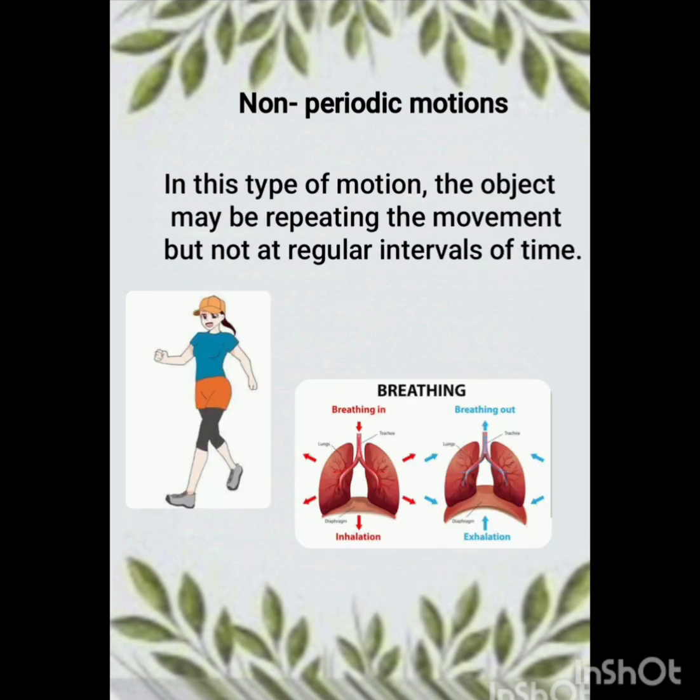Motion that is not periodic is known as non-periodic motion. In this type of motion, the object may be repeating the movement but not at regular intervals of time. For example, when you swing your arms while walking, the action is repeated, but it is not the same each time.